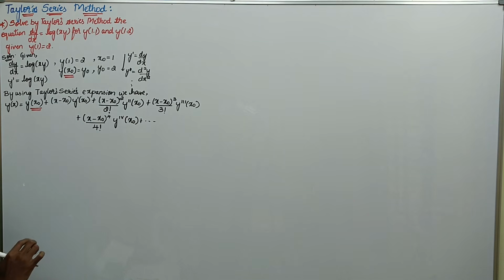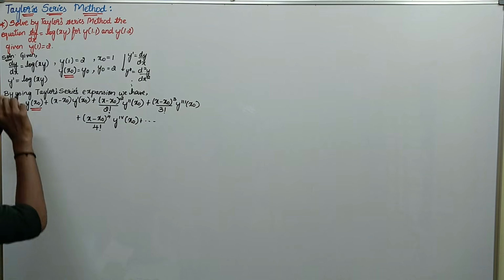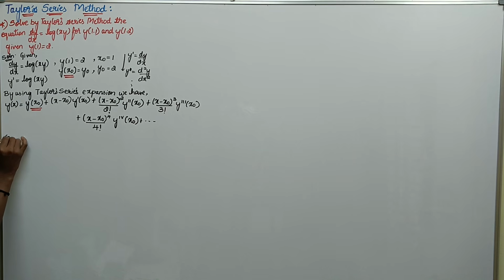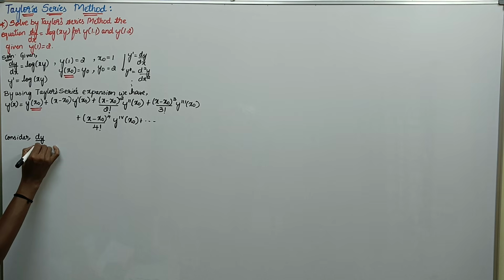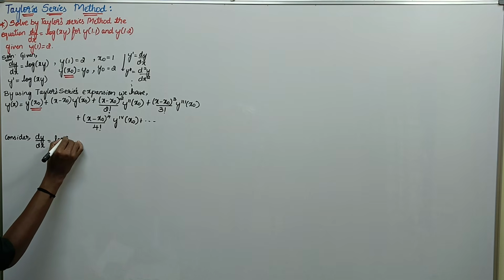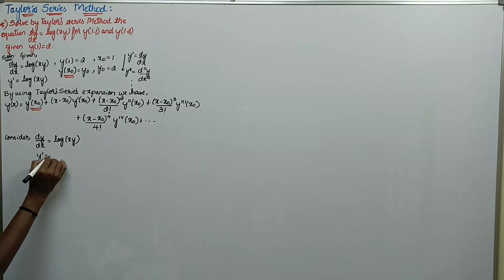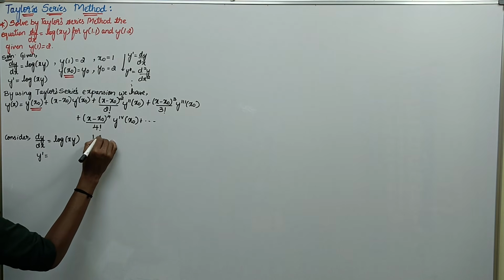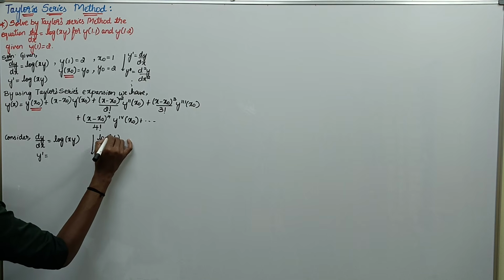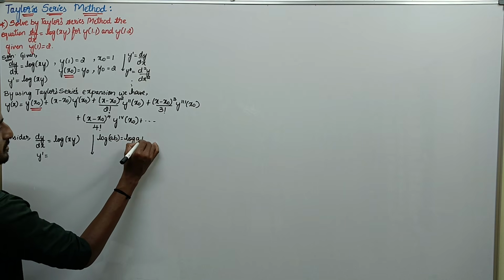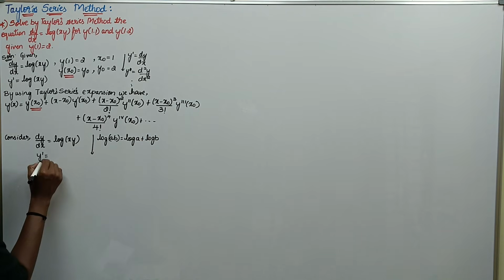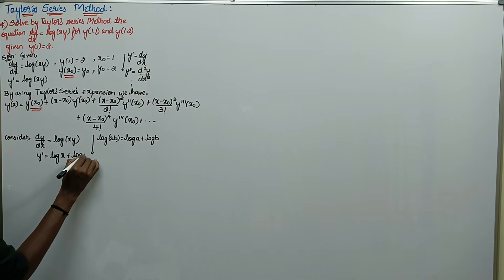We are supposed to find y dash of x naught. What is this y dash of x naught? That is y dash of x. Consider dy by dx, which is equal to log x into y. Now we are supposed to represent dy by dx as y dash, which is equal to log of a into b, which can be represented as log a plus log b, where log x plus log y.